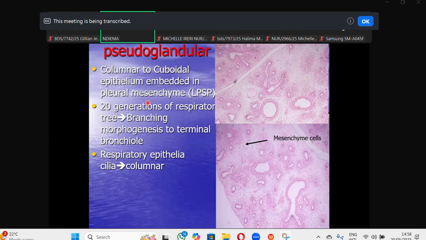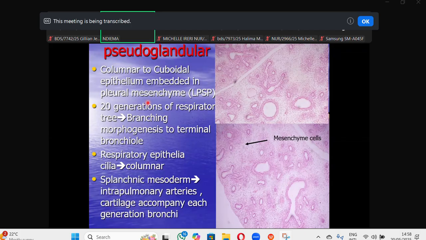And then eventually in the pseudoglandular stage, the distal parts will form the respiratory bronchiole. The epithelial lining, which was simple cuboidal, now differentiates and eventually forms respiratory epithelia, which we talked about.